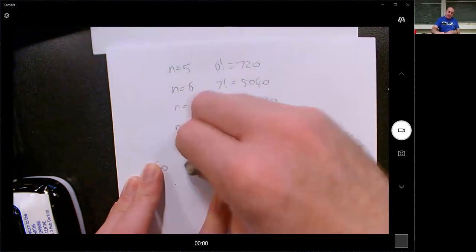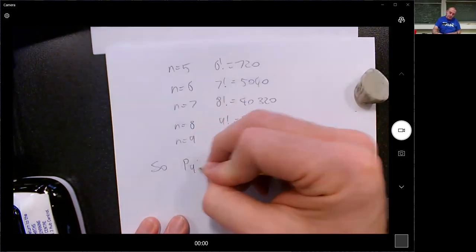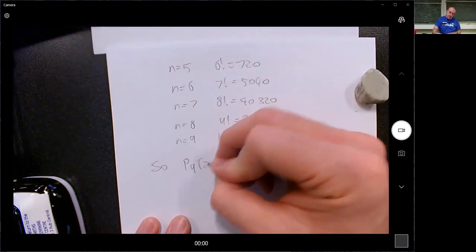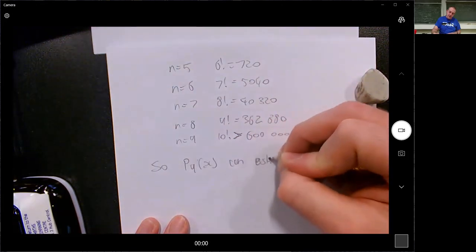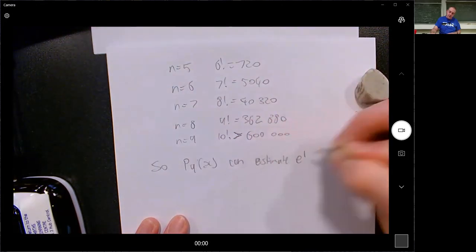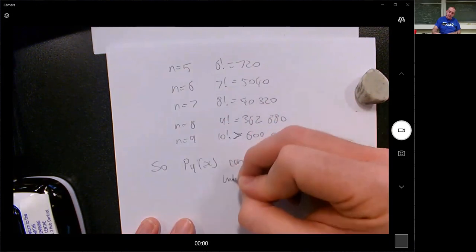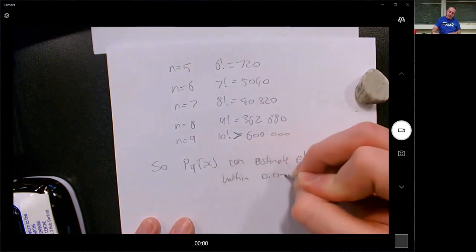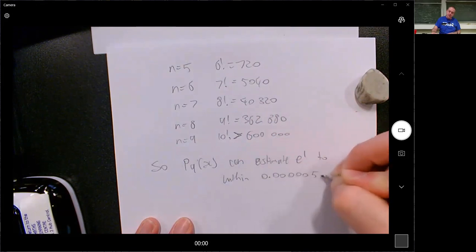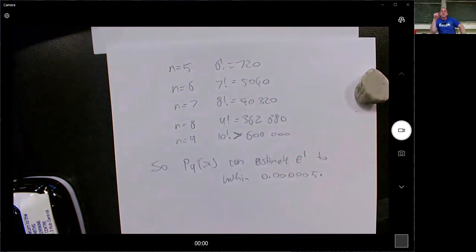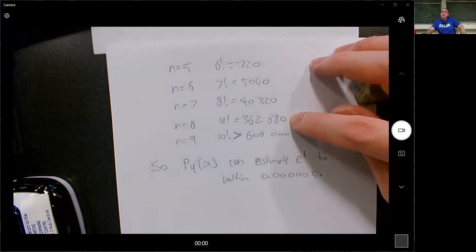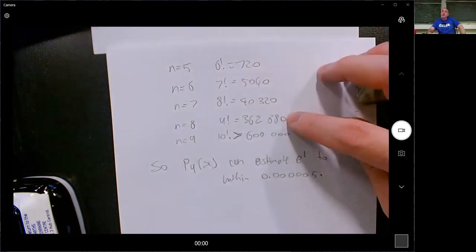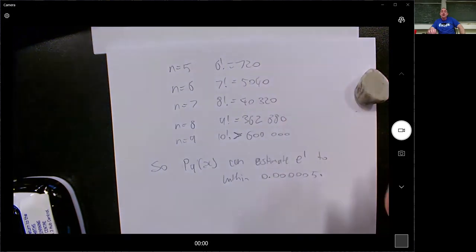So P9 of x can estimate e to the 1 to within 0.000005. Now in our Desmos, we actually got it one step earlier than that. We got it at 8, which was the point that it started, but this is only an approximation.